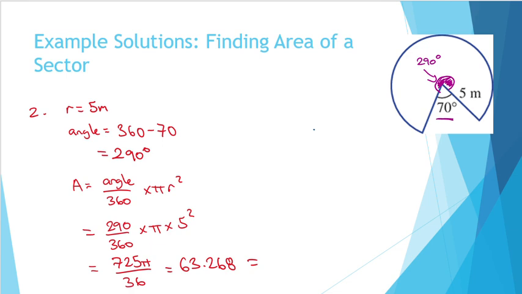And just check your rounding again, because purple is where I stop at, and my digit on the yellow arrow is between 5 to 9. I now round up my 6 to a 7. So it becomes 63.27 meters squared. Okay. Just like that.